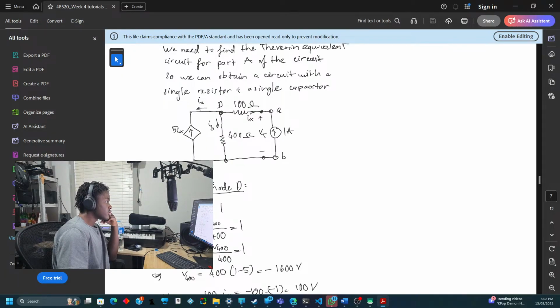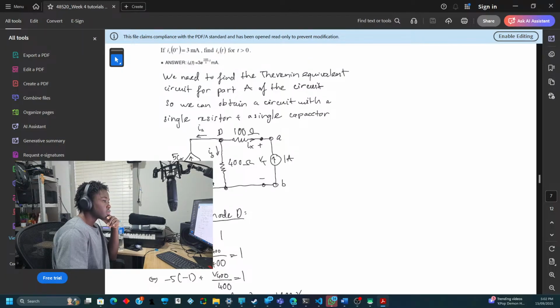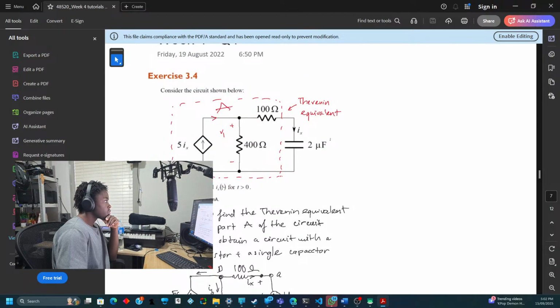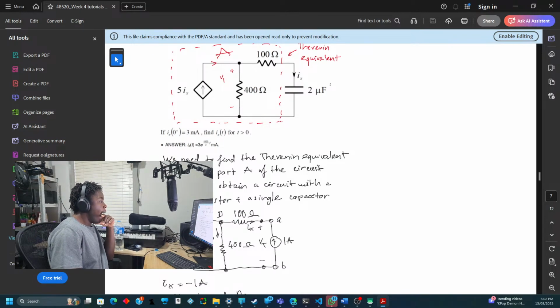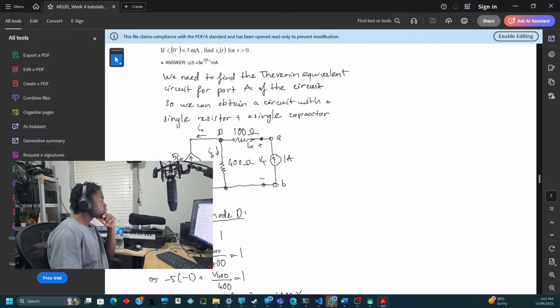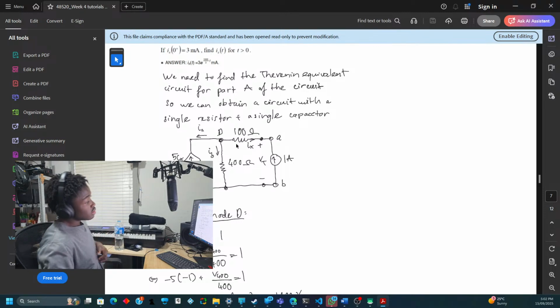So they wrote the... I don't know where they got Ix equals 1 from. So they have Ix equal to -1.